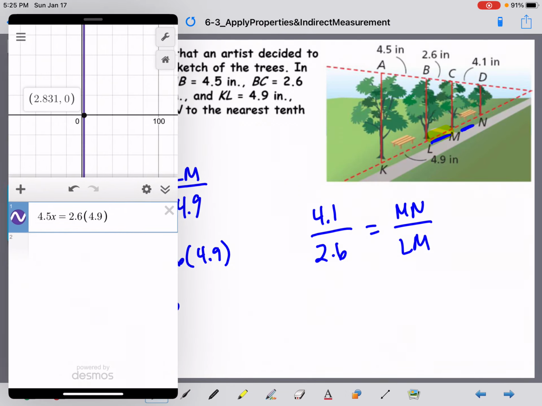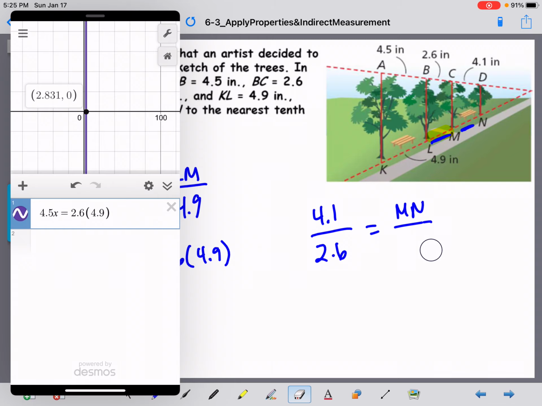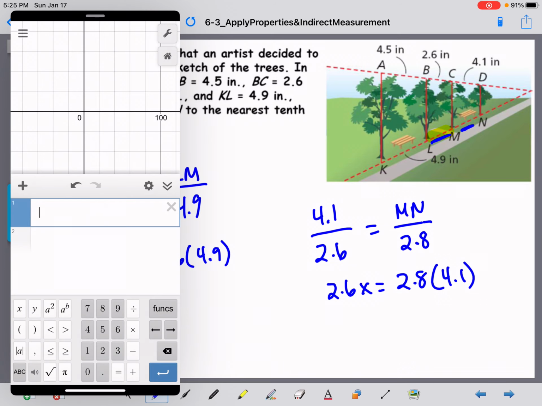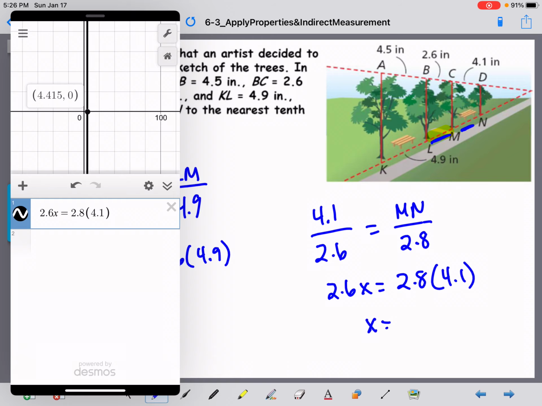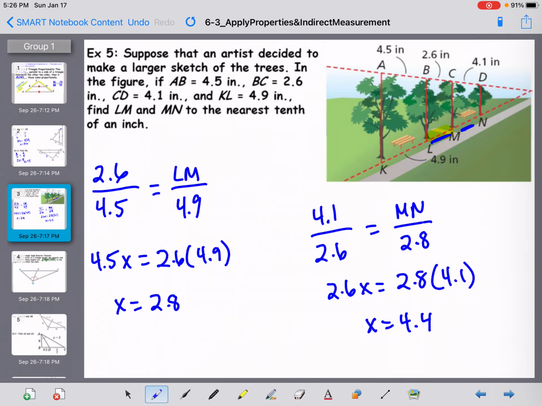And so now over here, I'm going to write 2.8, equals 2.8 and a 4.1. Let me double check. X equals 4.4. So LM is 2.8 and MN is 4.4.